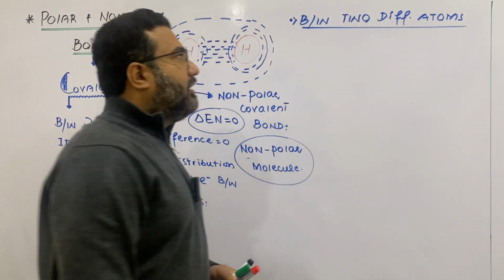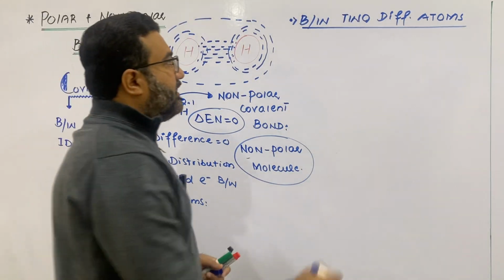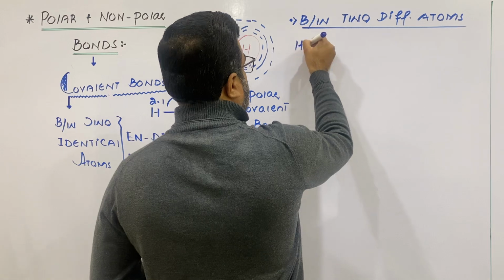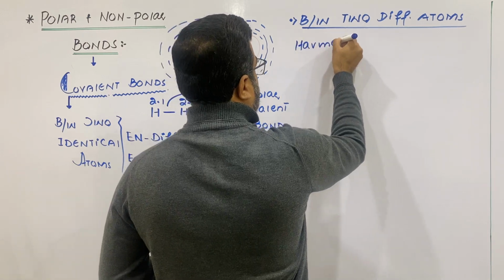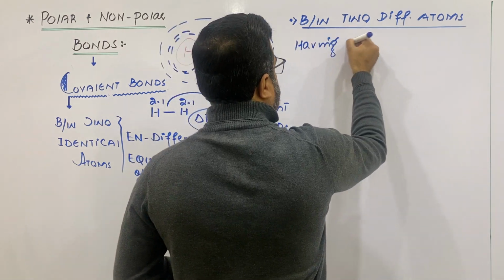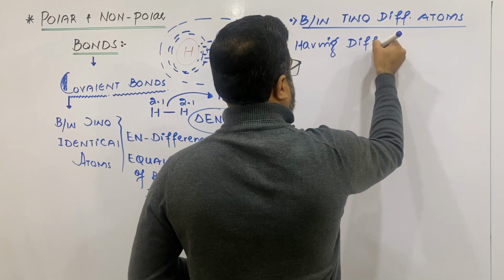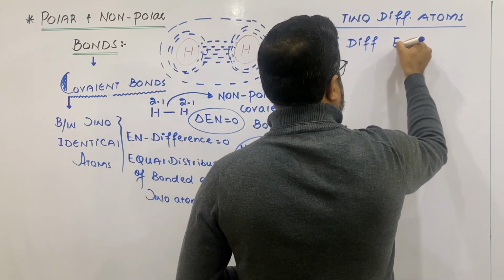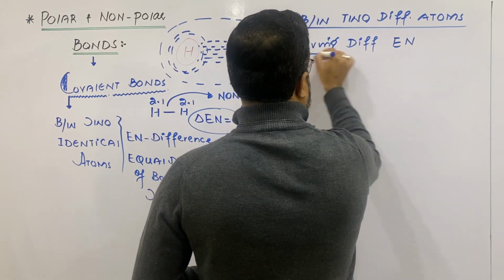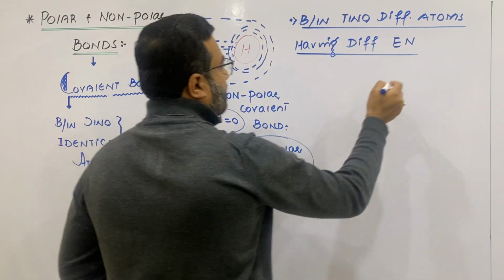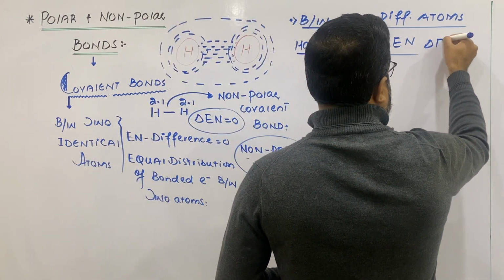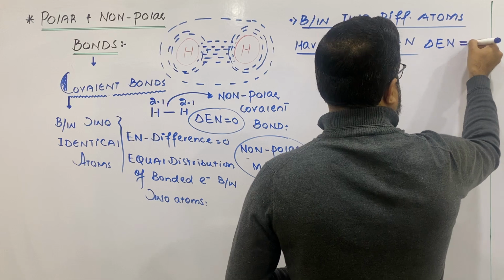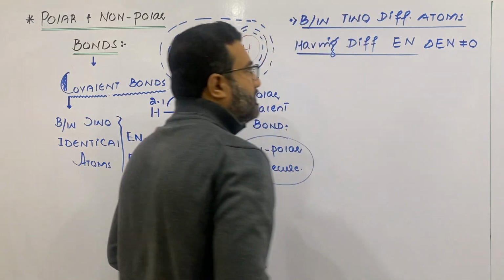If the covalent bond is present between two different atoms having different electronegativities, then the difference of electronegativity will not be equal to 0.